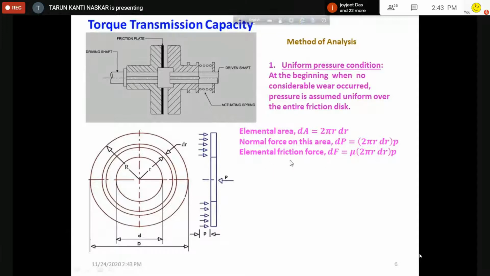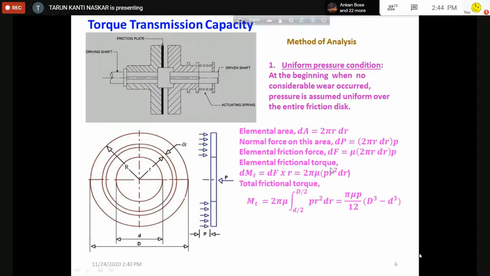Now the elemental frictional force: this is the normal force, so multiply it by mu, then this will be the elemental frictional force dF. So the elemental frictional torque, say dMt, will be equal to force multiplied by small r, so it is 2 pi mu p r squared dr.